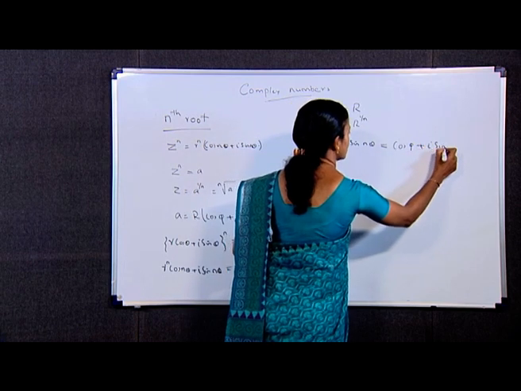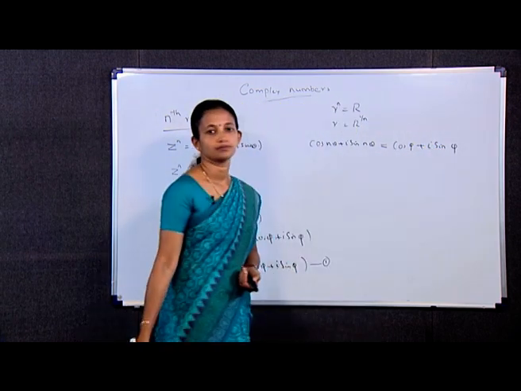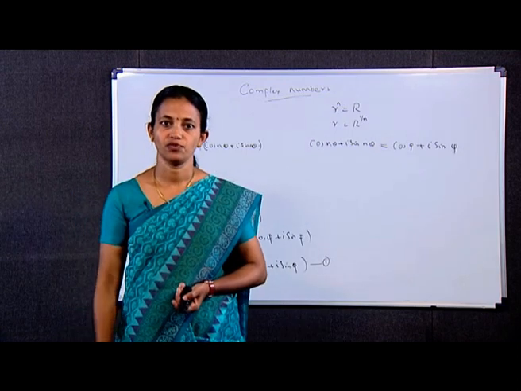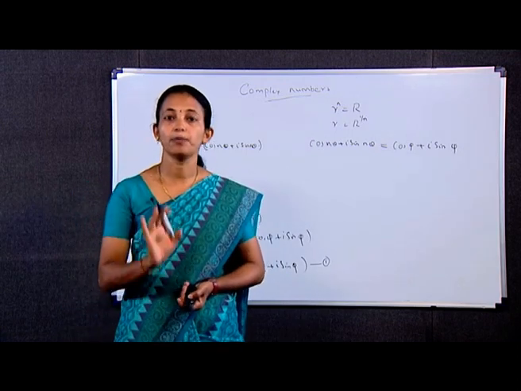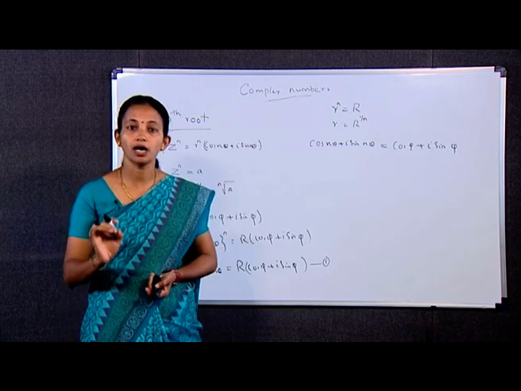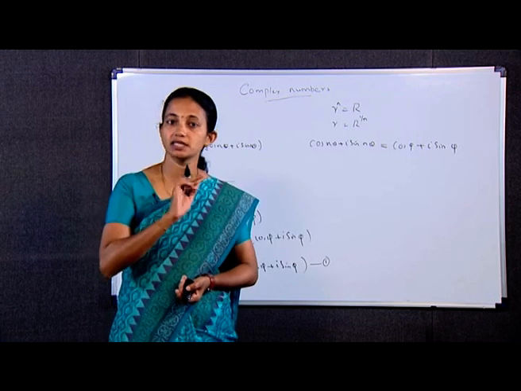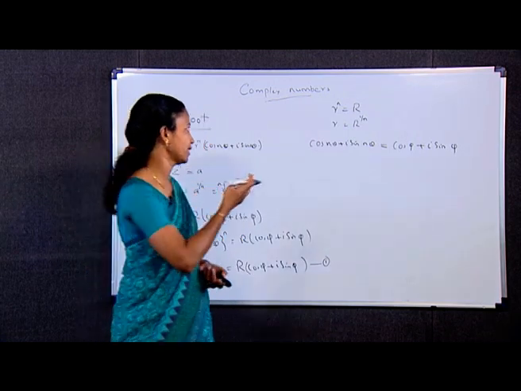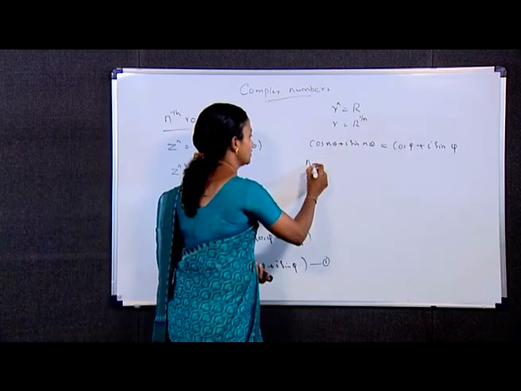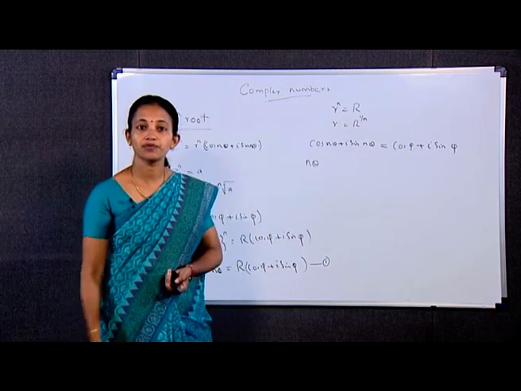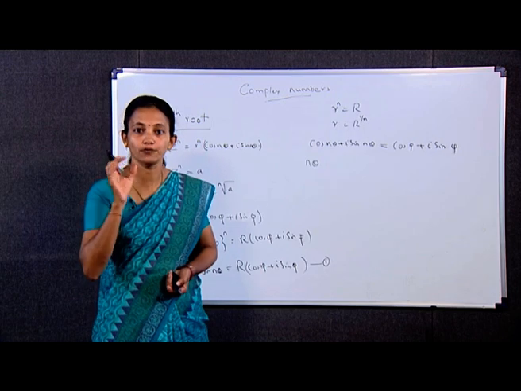This gives important information about the argument of z, namely that n theta differs from phi by a multiple of 2 pi.